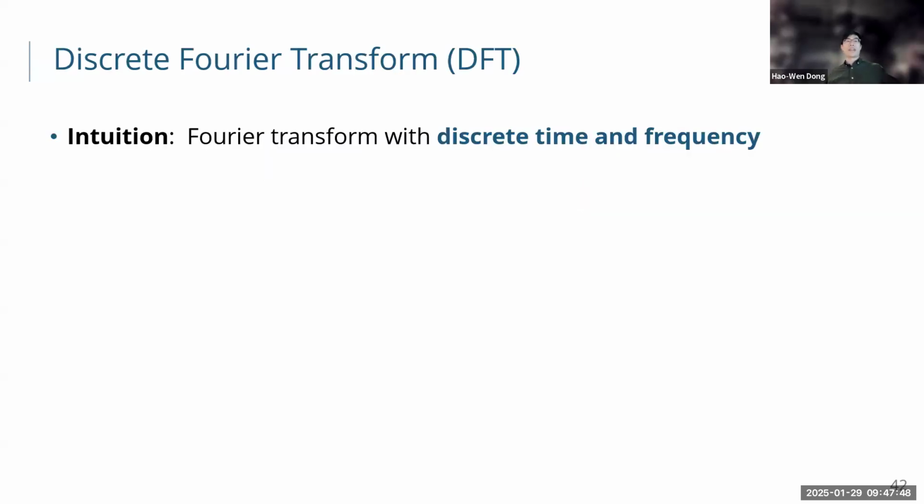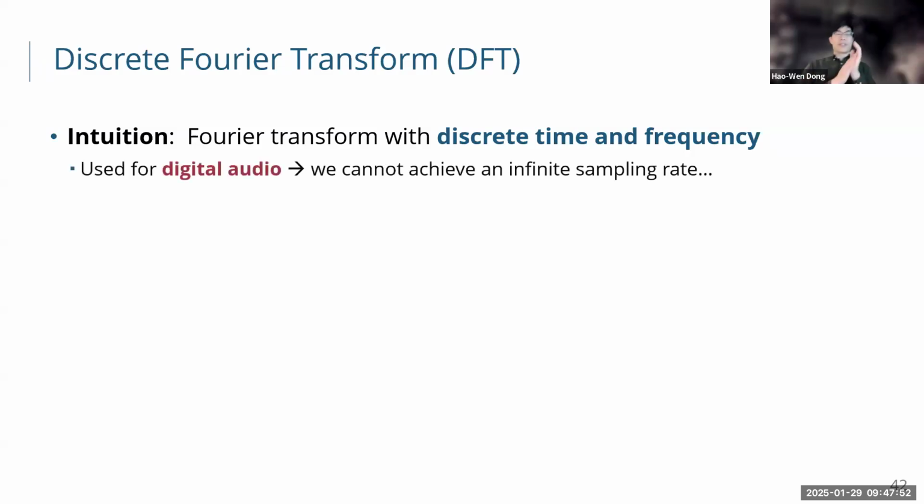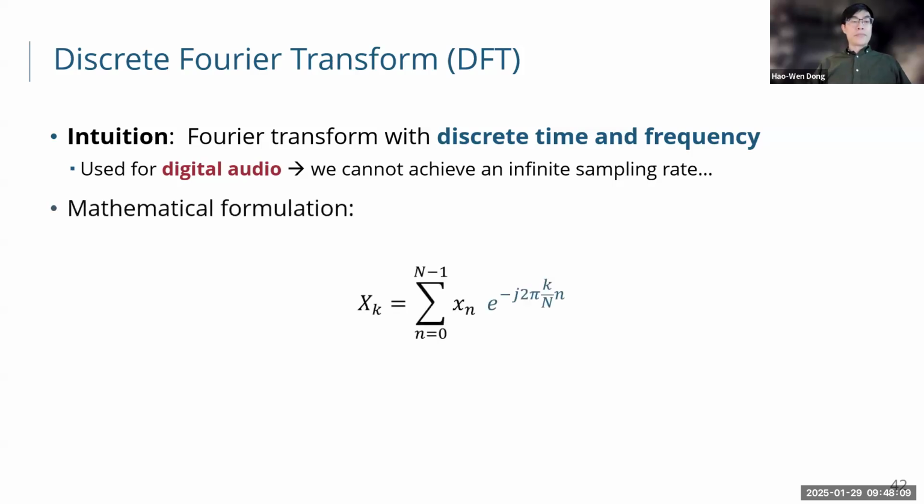Most of the time, what we are doing is actually discrete Fourier transform, but it's basically the same idea, just that now we are using digital audio because we cannot achieve an infinite sampling rate. So, in any case, we still have to quantize it or sample it so that we have a finite amount of audio to store on our laptop.